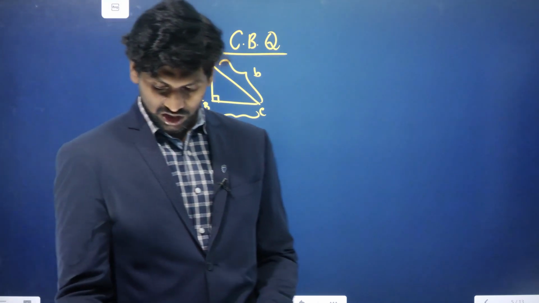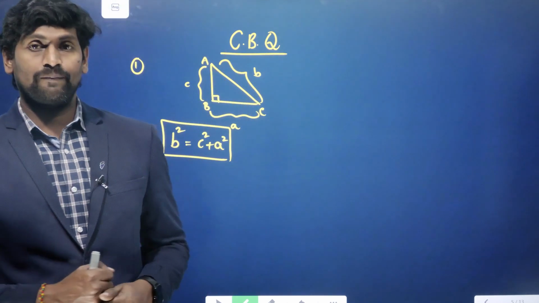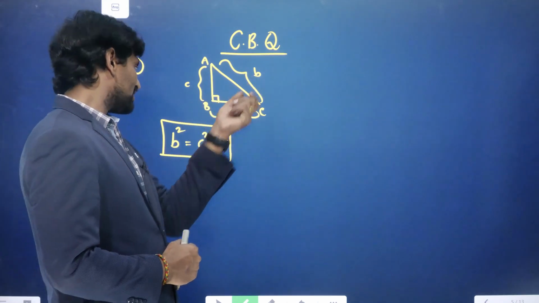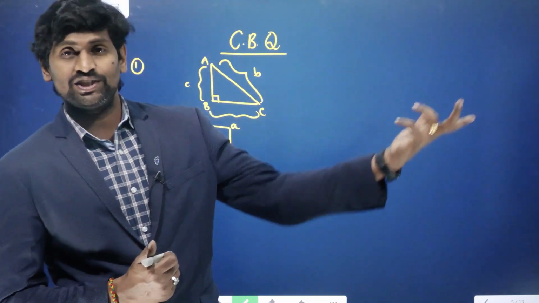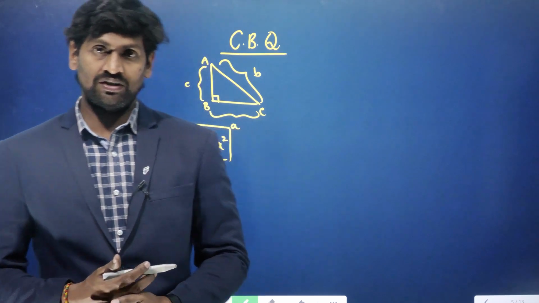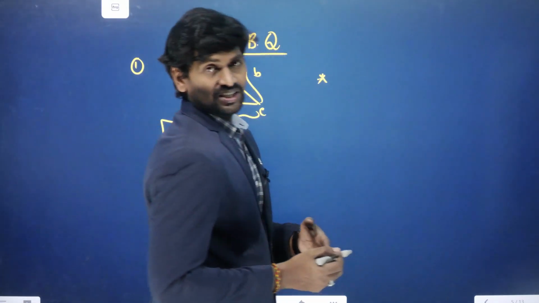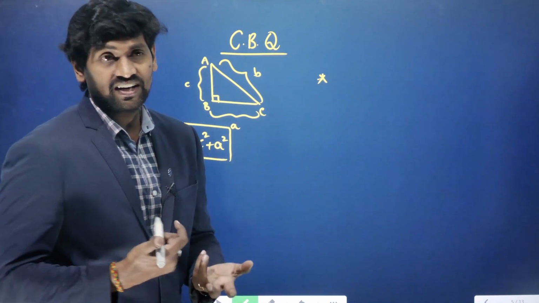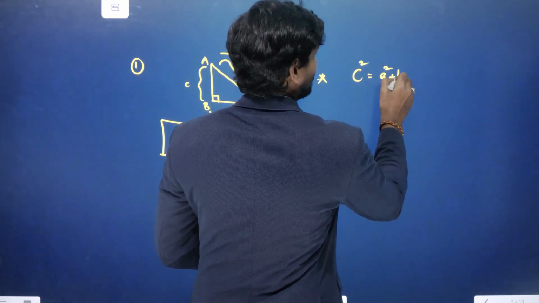While you are observing the options also, the second option will be correct because the right angle is at B, so the larger side is also B square. If the right angle is at the vertex A, then A square is equal to B square plus C square. And this question can be asked in many different ways, like in a right angle triangle, C square equals A square plus B square.